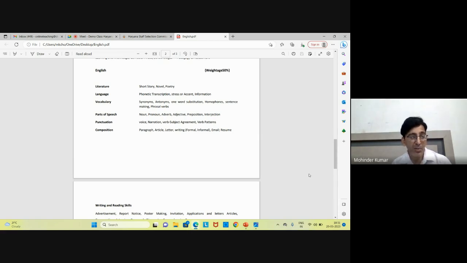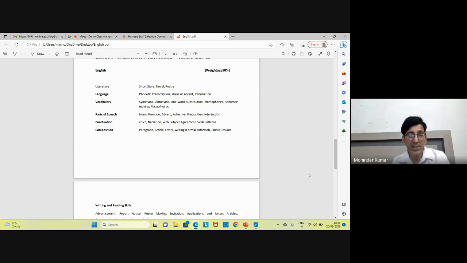Then we have the parts of speech. Noun, you must know the different types of noun, you all know. Then you must know the rules of plural number. Number has two types, that is singular and plural. There are certain rules relating to number, you must know. And then we have apostrophe, possessive cases, you must know, relating to noun.